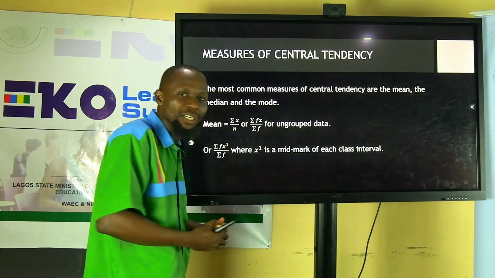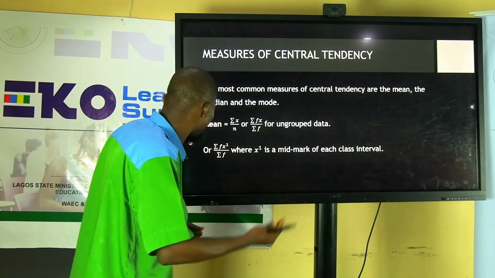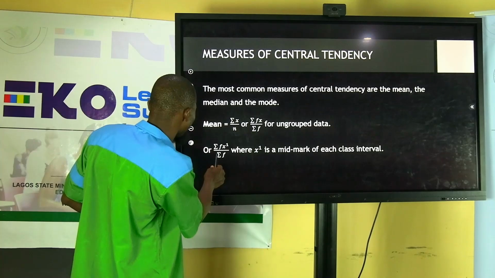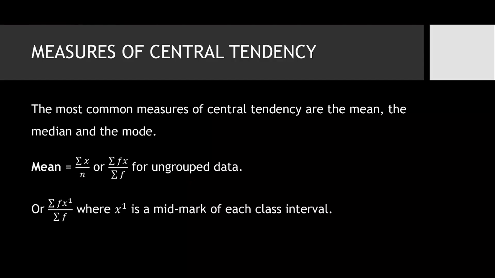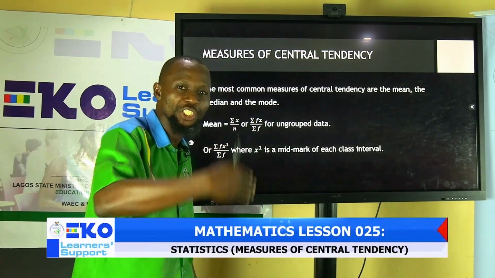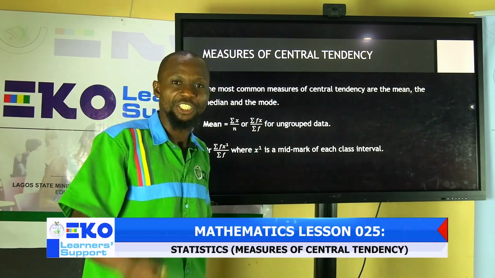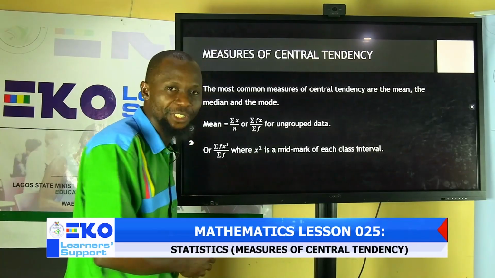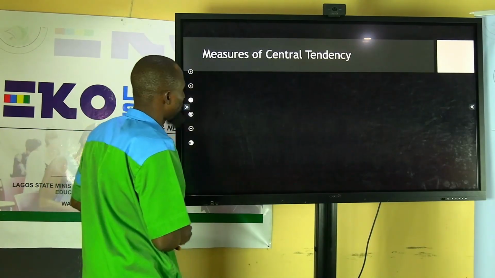It could be the class mark, and so on. We can also make use of summation fx prime over summation f, where x prime is the mid-mark of each class interval. That is in the case of grouped data.